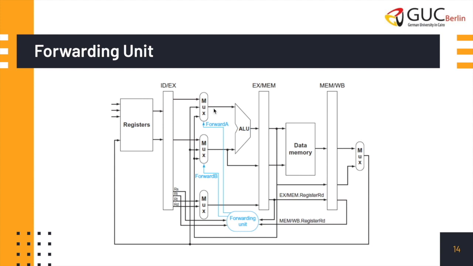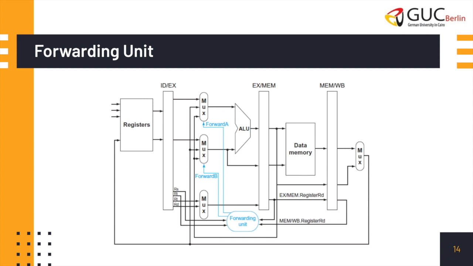So when I have 3 instructions and I look for dependencies, n will be in the write back, n plus 1 will be in the memory, and n plus 2 will be in the execute, because n plus 2 is the instruction that is having a hazard, whether between instruction n plus 1 and n plus 2, or between instruction n and n plus 2.